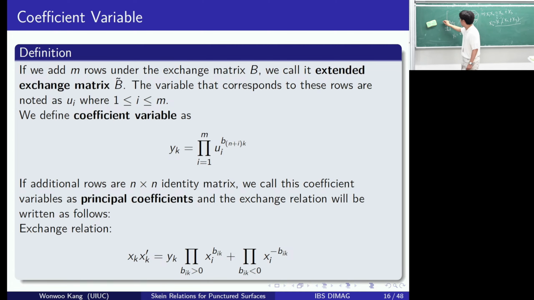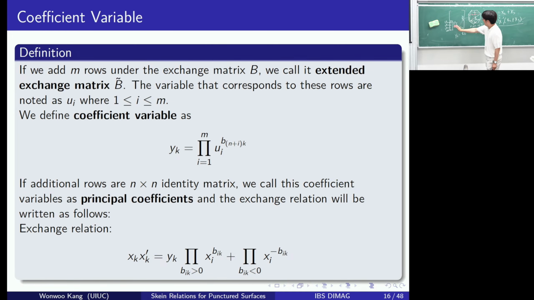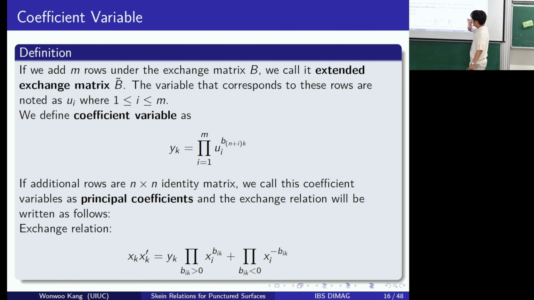So if I say this is u1, u2, u3, u4, and this n times n block is an identity, then you can imagine that uk is a yk. And then the exchange relation will be derived like here. Don't worry if you don't fully get the whole idea, it's totally fine. The only thing you have to understand is that I'm going to make a generalization of the cluster algebra that I mentioned using the new variable yk, and I'm only going to use this exchange relation.